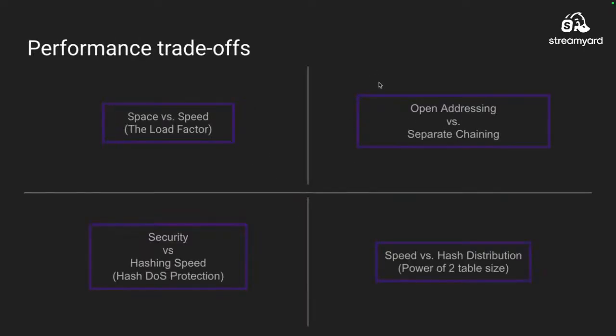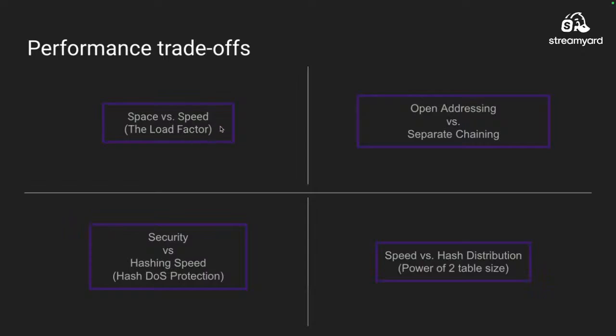So let's talk about some of the performance trade-offs that we have in Python. The first one is space versus speed. As I mentioned, the load factor is 2/3, which means that about 67% of the space will be utilized and the other 33% will never be utilized, because as soon as we hit 67% in the hash table, the size will be doubled. So we are wasting a lot of space, but that improves the speed.